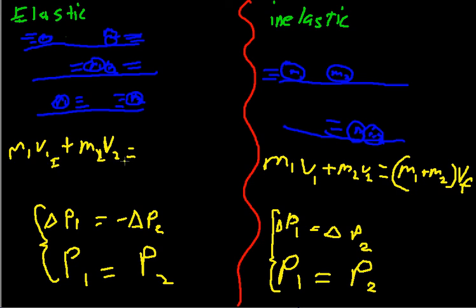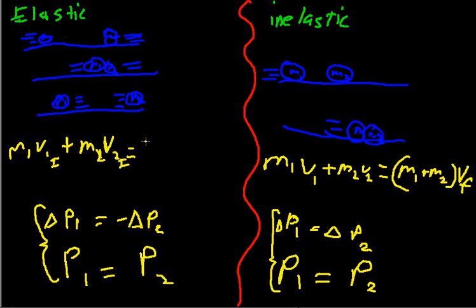I for initial, because remember the velocities might not be the same unless it's a perfectly elastic collision, in which case they rebound with exactly the same velocity. But that's not the case in most instances. So this is mass 1 times v sub 1 sub I.